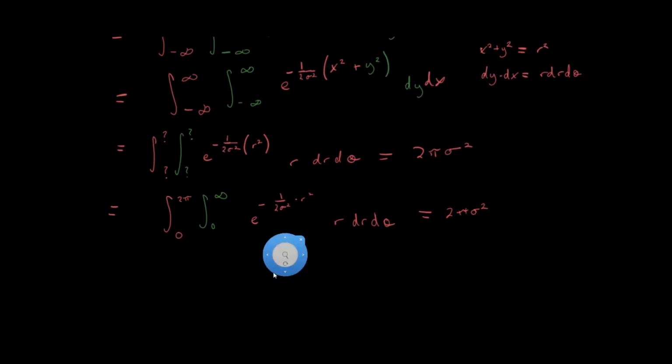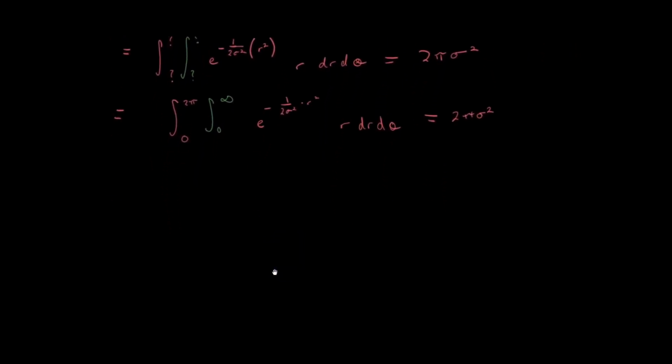And now I'm going to evaluate this integral because it's possible. If we do a u substitution, we'll end up being able to evaluate this integral, and it'll evaluate to the following. Let me confer with my notes here just so I don't write it down wrong.